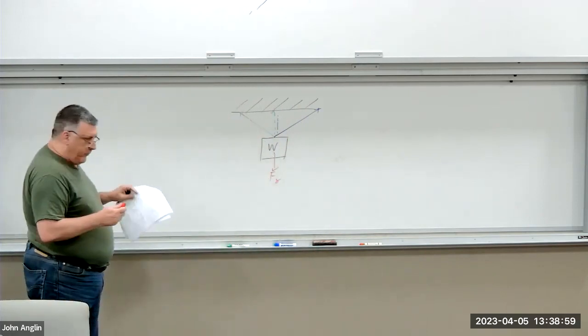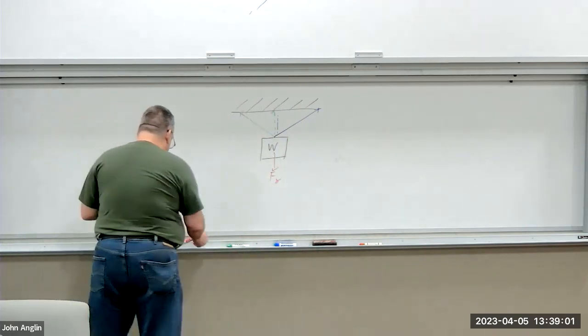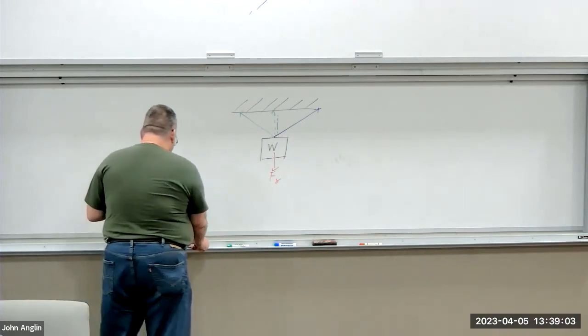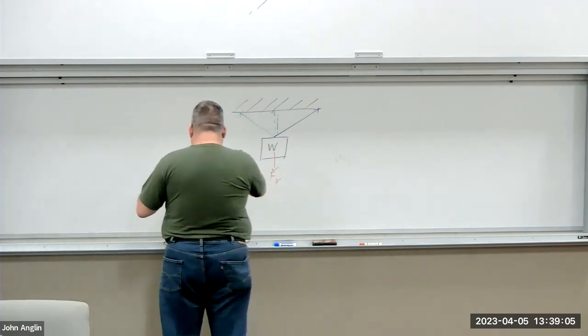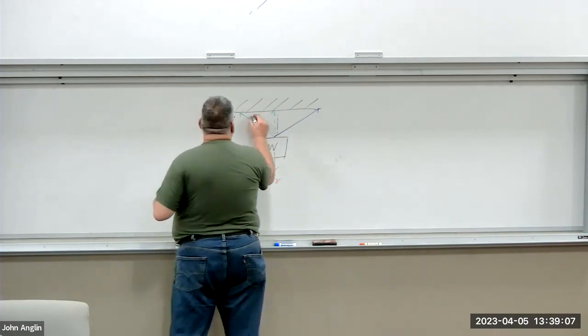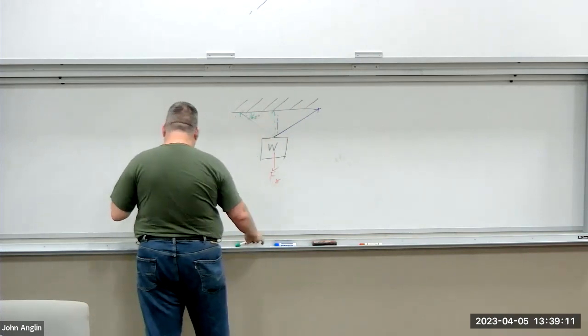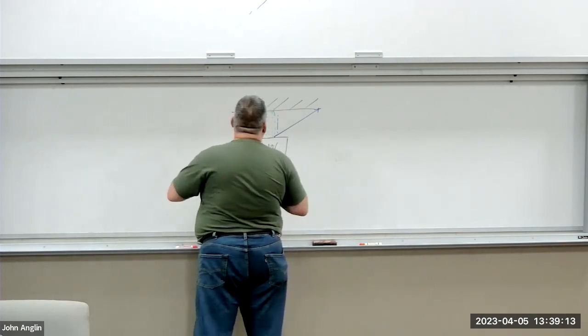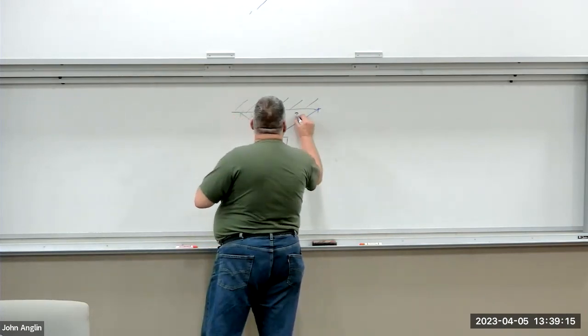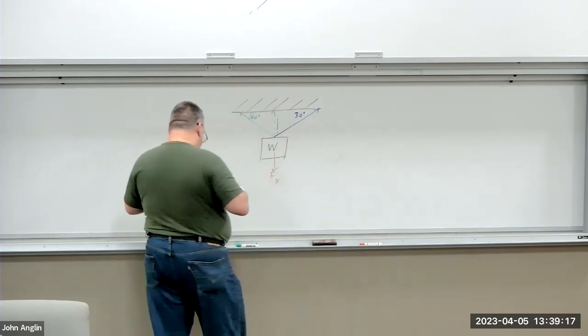So we have some force due to gravity. And let's say that we know these angles. Let's say that one's 60 degrees. So that one's 30 degrees.